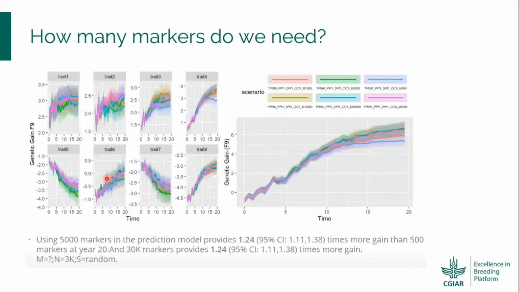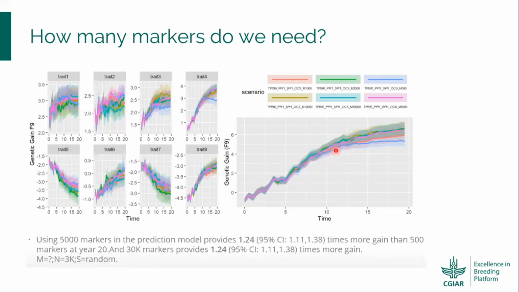What we found is that, let's focus first, instead of trait by trait, on the selection index that represents all the traits. The number of markers had an effect only after 10 years of running the accelerated GES system.